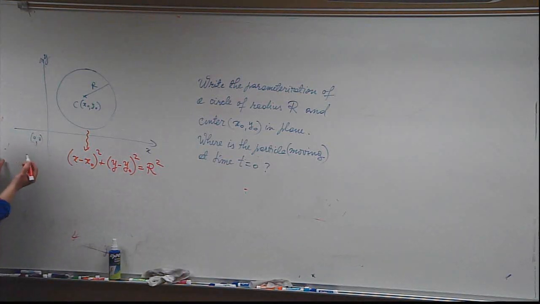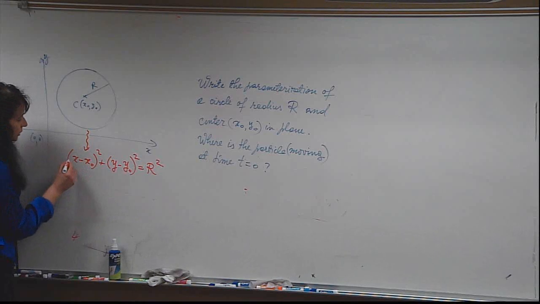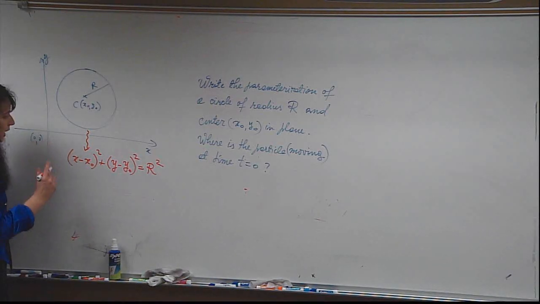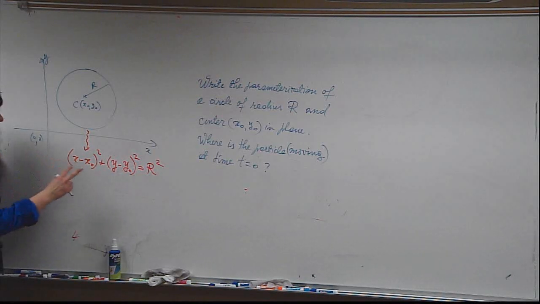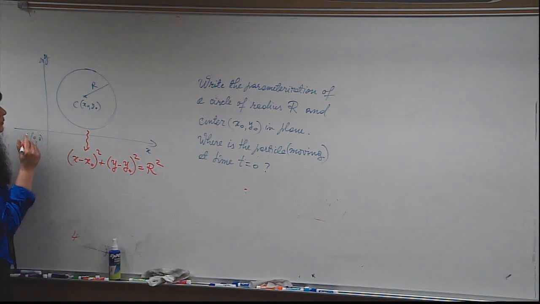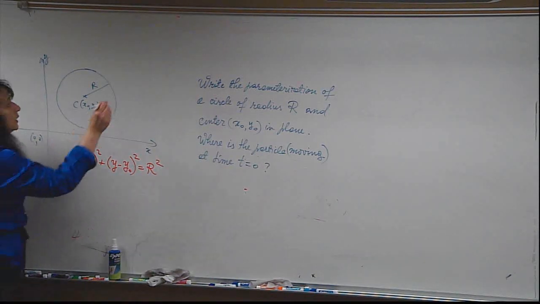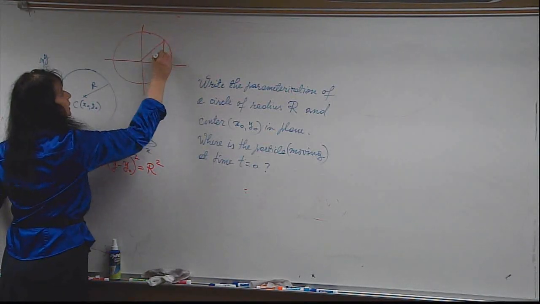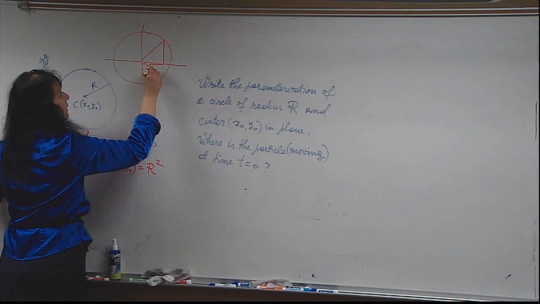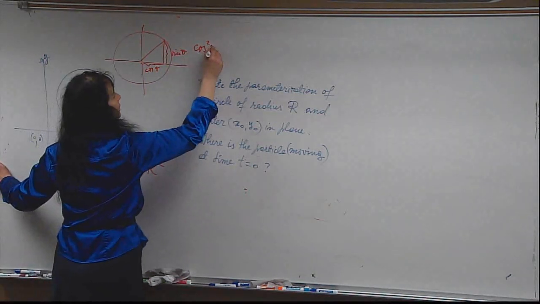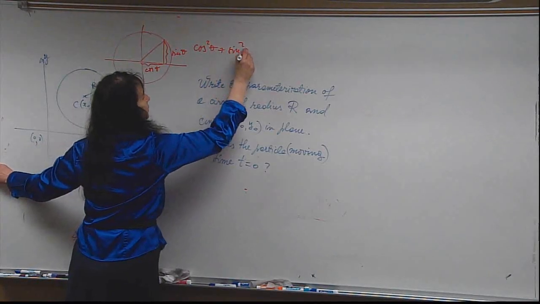All right, so how do you come up with a parametrization? You say, I would like to parametrize in such a way that this would be easy to understand as the Pythagorean theorem. So what is the Pythagorean theorem telling you? It's telling you that if you are in a unit circle, then this is cosine theta, and this is sine theta, and cosine theta squared plus sine theta squared is 1.